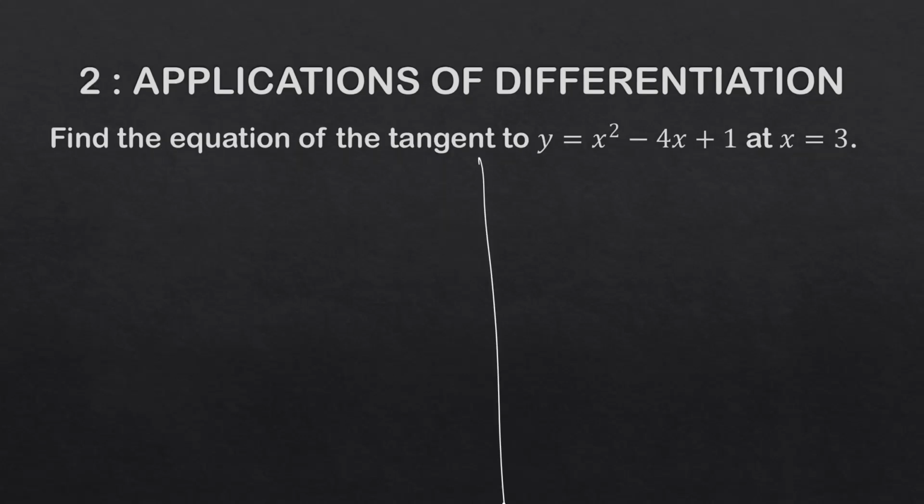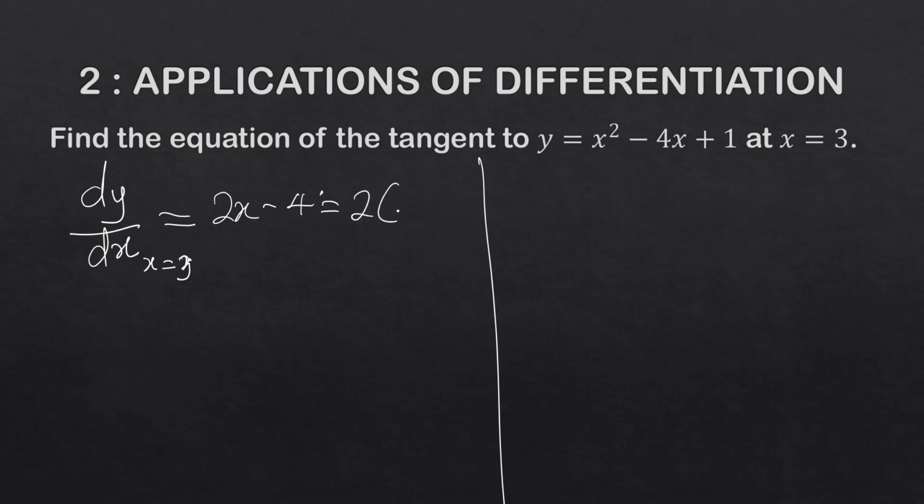Number 2, the question says find the equation of the tangent to the curve. And to do that, all we need to understand is that when we talk about the tangent, it also means dy/dx, but at a given value of x to be 3. So that means I'm going to have 2x minus 4, which is going to be equal to 2 bracket 3 minus 4.